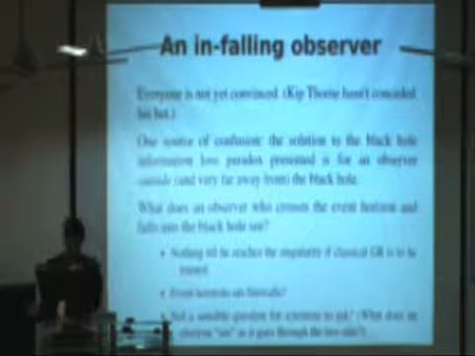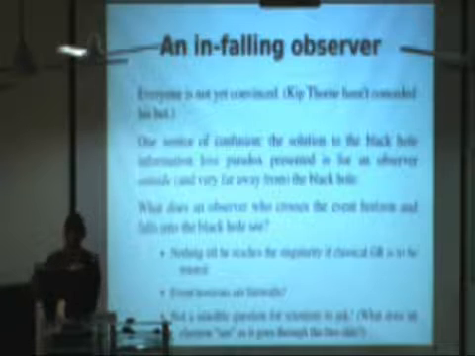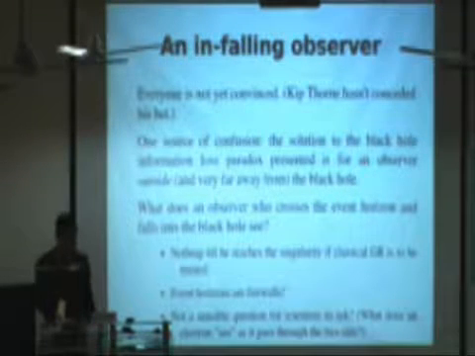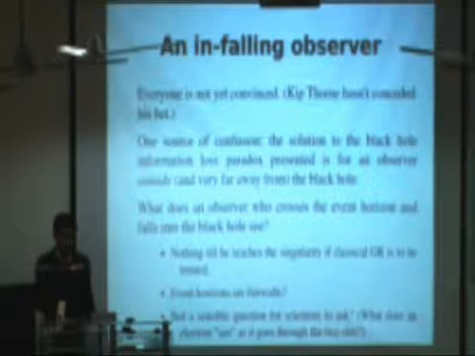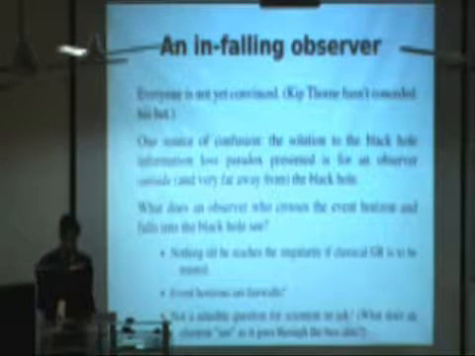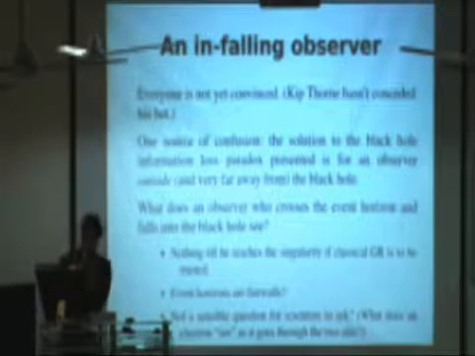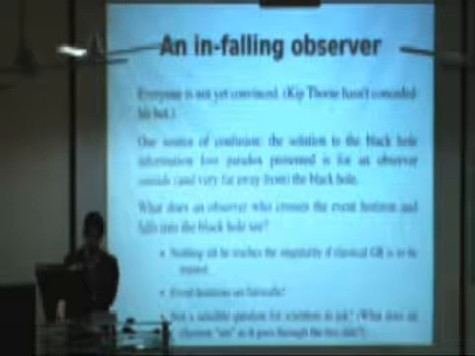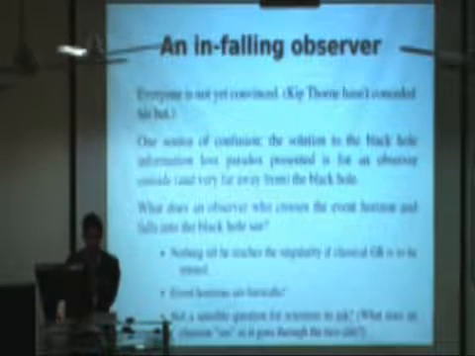Some people have suggested that any observer who crosses the black hole event horizon, even before reaching the singularity, would be burnt to a crisp as he crosses it, which would be a new quantum effect in places where we don't expect quantum effects to be relevant.